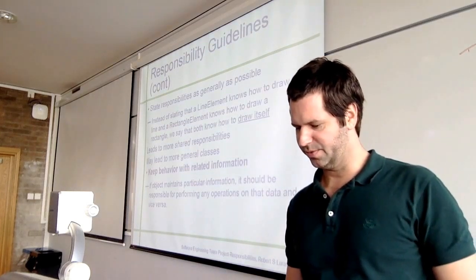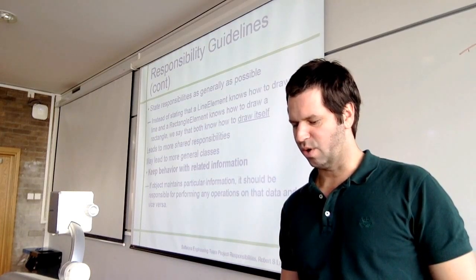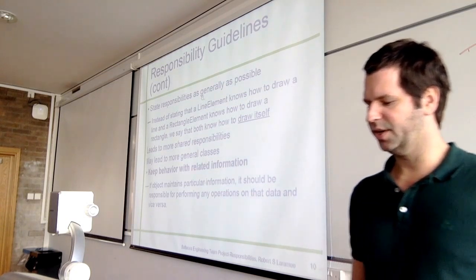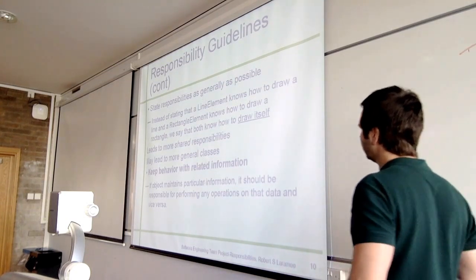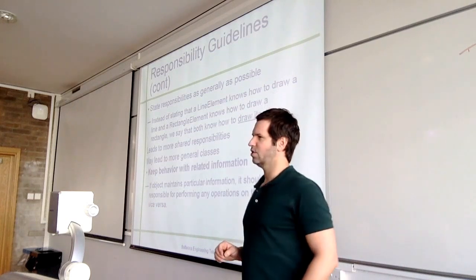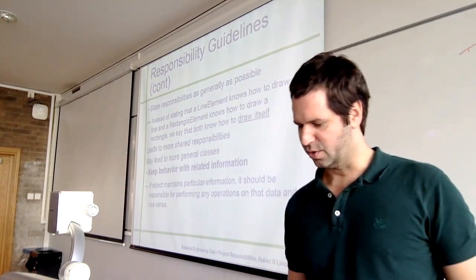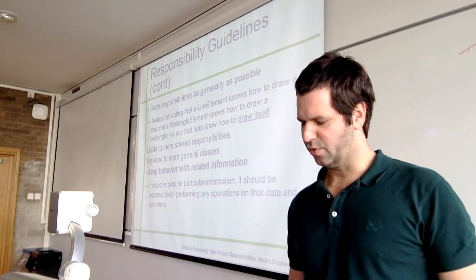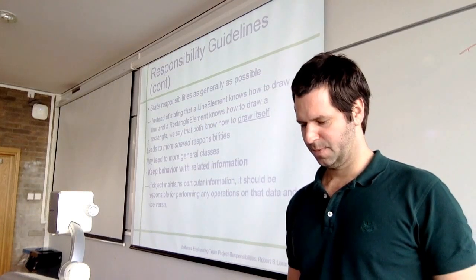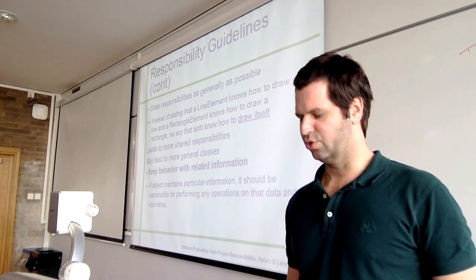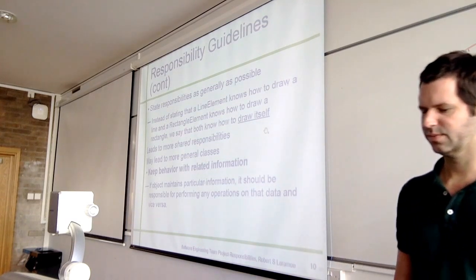So an example of this: imagine we have our drawing editor program, and there's an object called line element. A line element knows how to draw a line, and a rectangle element knows how to draw a rectangle. So we say that both know how to draw themselves.